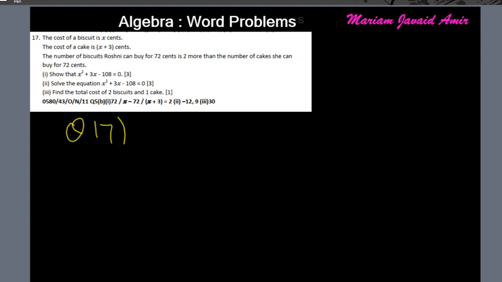Okay, the cost of a biscuit is X cents, the cost of a cake is X plus 3 cents. The number of biscuits Roshni can buy for 72 cents is 2 more than the number of cakes she can buy for 72 cents. So for 72 cents, she should be able to buy 72 over X biscuits.